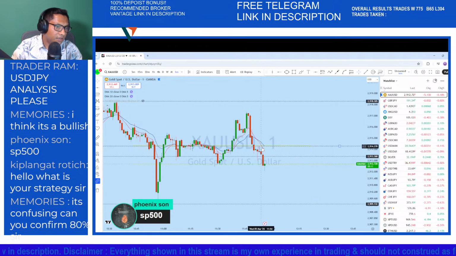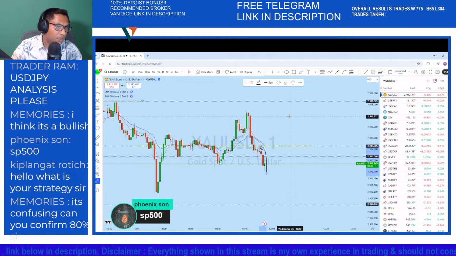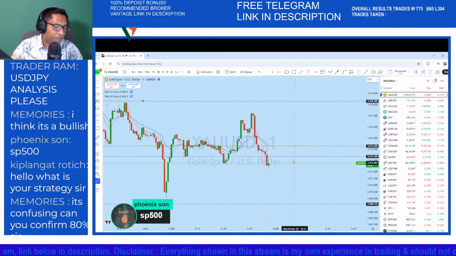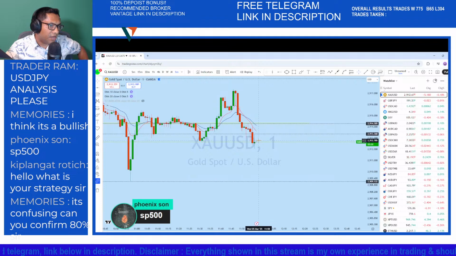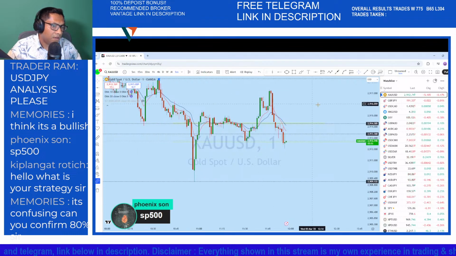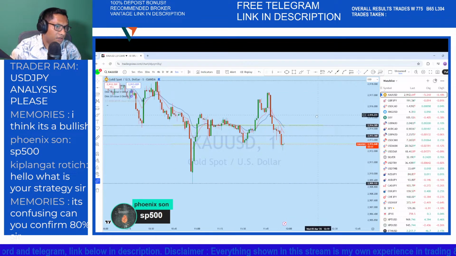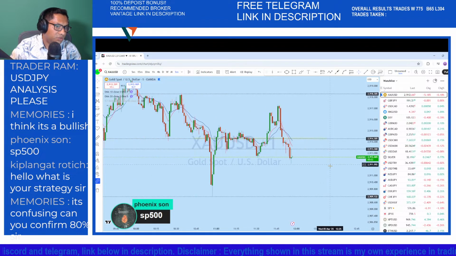Okay, so here there is a liquidity grab, a narrow doji, and we can see another liquidity candle, a bearish candle. From this zone, we would like to see the price potentially coming down here.